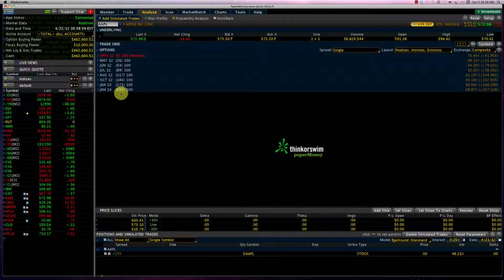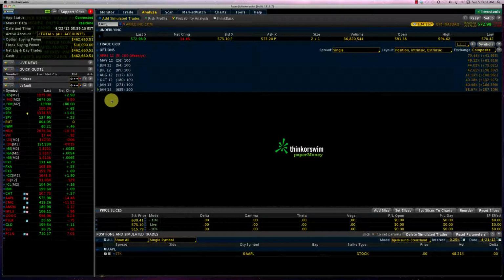In general, you'll find that all major US stocks, US indices, ETFs, gold, etc. will have options that go out at least 1 to 2 years, if not more. So it's a very versatile, very flexible kind of an environment, and as an investor, you truly have hundreds of options. So that's as far as the option screen is concerned.